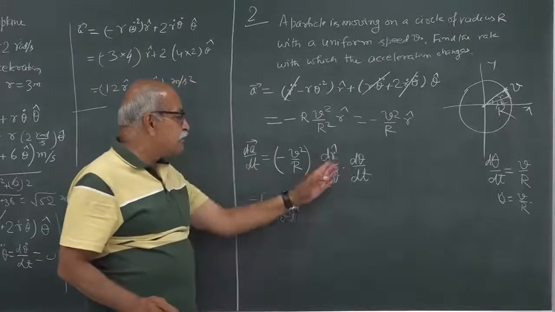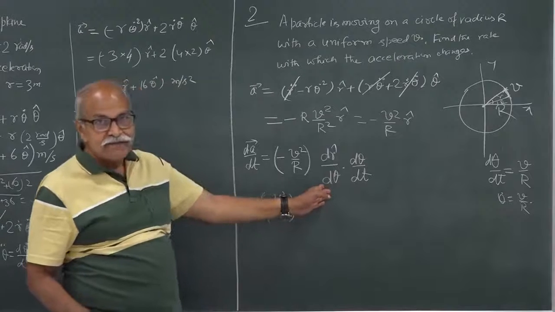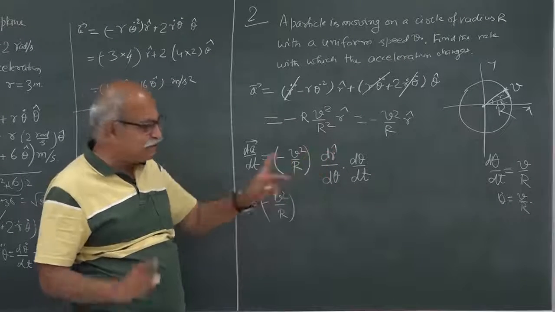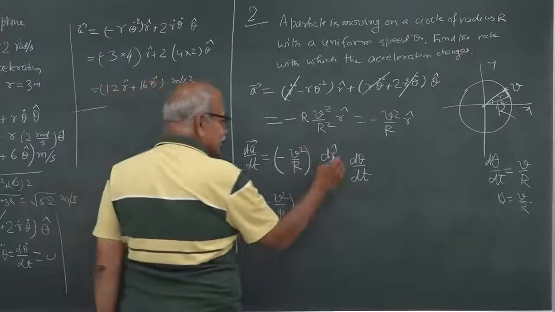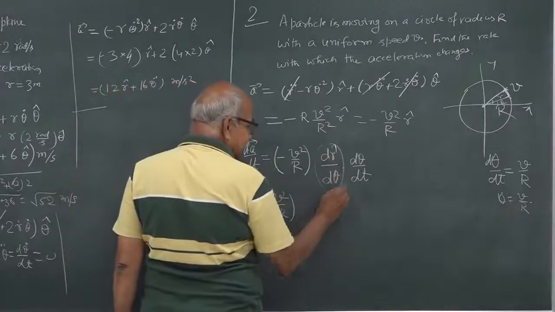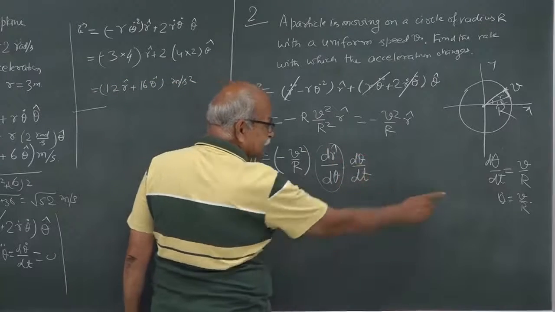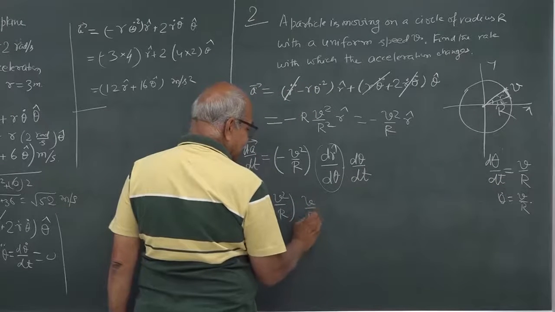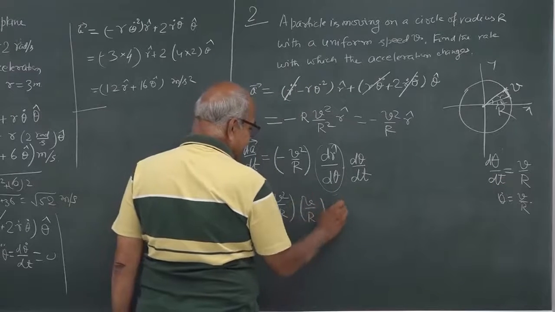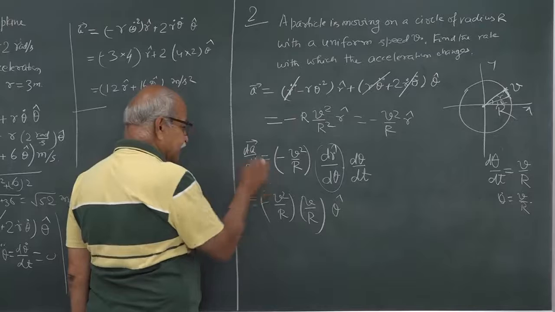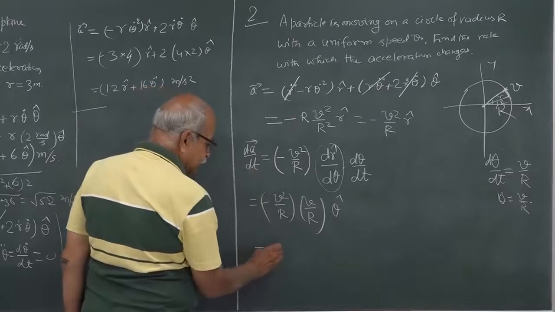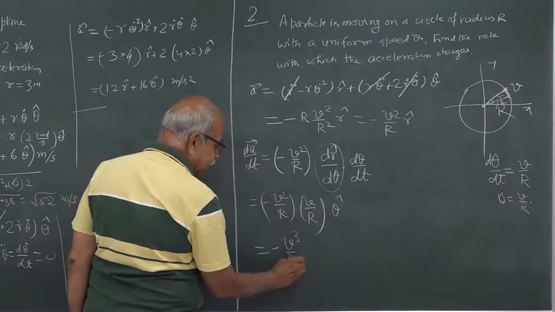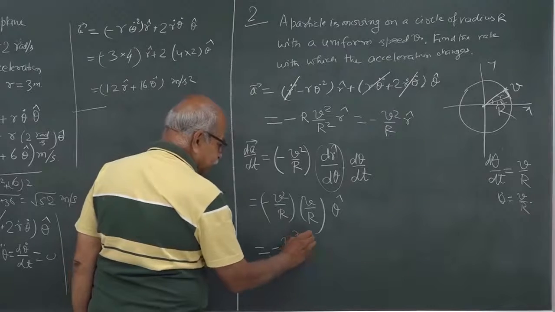And what is dr cap d theta? Dr cap d theta is theta cap, we must have done it. And d theta dt is v by r. So, this rate of change of acceleration is minus v cube by r square, and then theta cap.